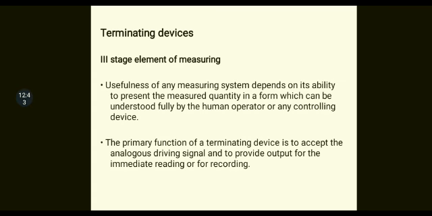So you need to understand this. See, the terminating device should be capable of presenting the measured quantity. The input device has sensed, the modifying device has modified, but now that information needs to be displayed in a form which is understandable by us.